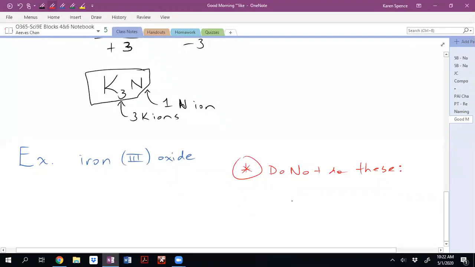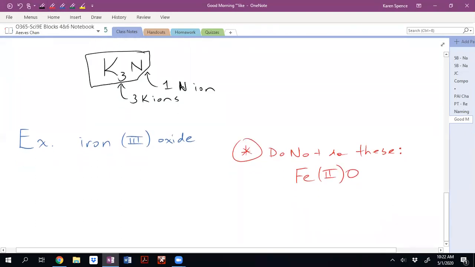First one that you don't want to do is you do not want to say iron is Fe and stick a 2 in there and put an O. You should never have a Roman numeral in your formula, only in the name.